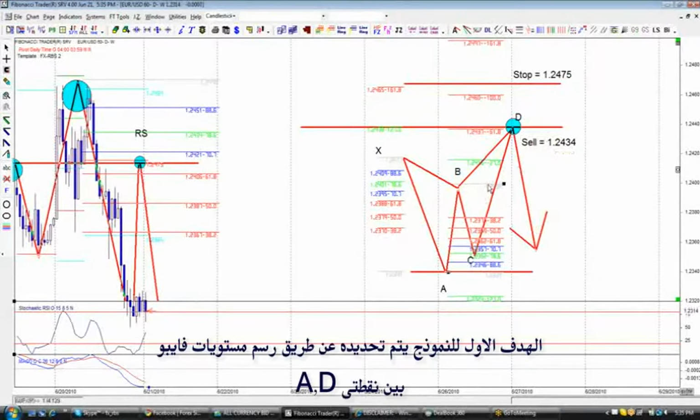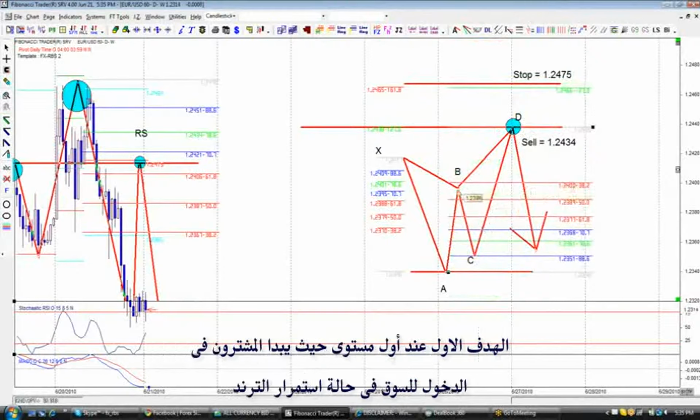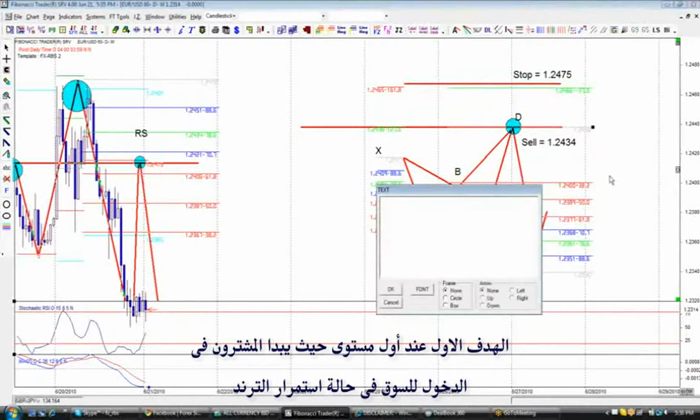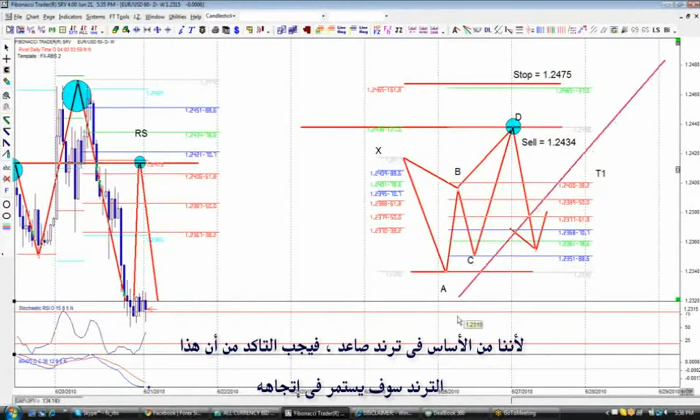First limit I use for butterflies is I pull a fib between the A and the D, and I use 382 for my first target, because this is the first place where buyers might enter in case the trend will continue, because we have been in an uptrend.